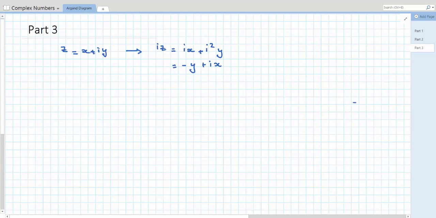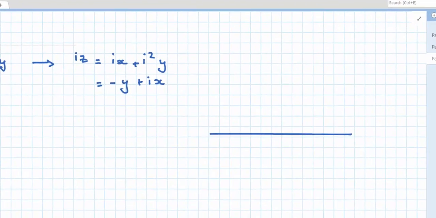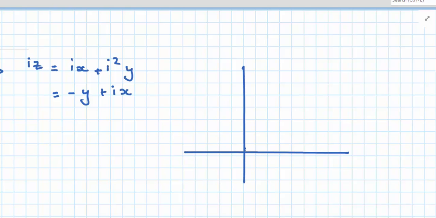So let's draw a vector. So here's our vector, x and y. What is going to happen?